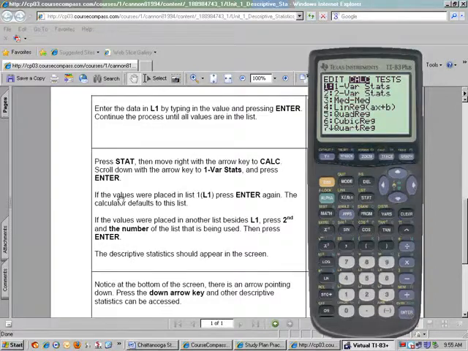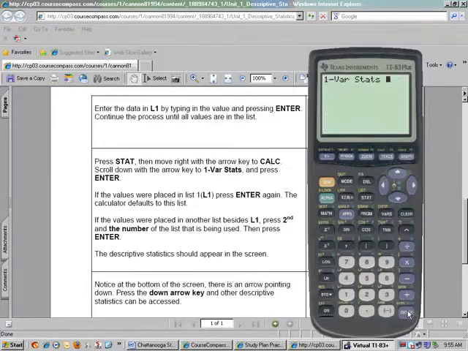I said the values are placed in list 1. First of all, press STAT, calculate. We did that. Then go over to one variable stats, and we can just press enter. At this point, list 1 is always our default list.